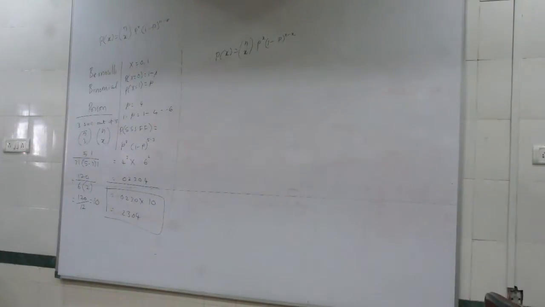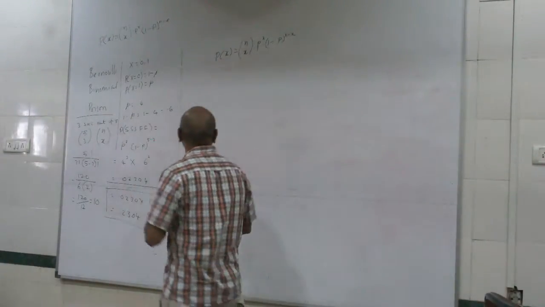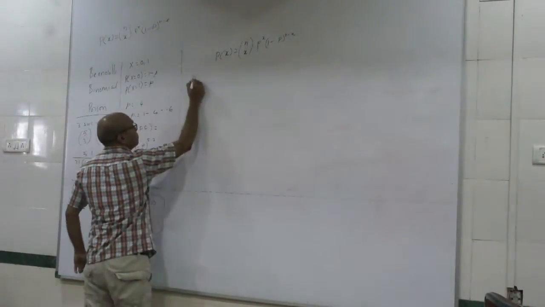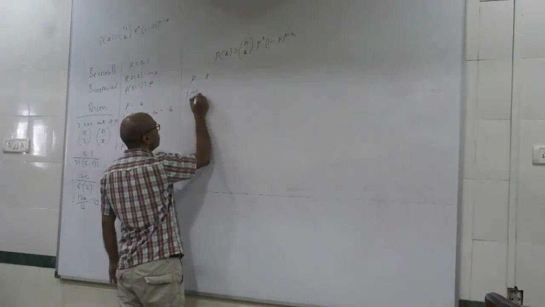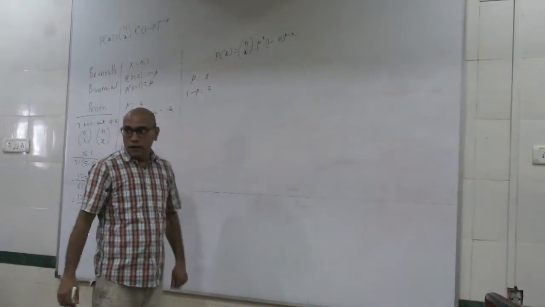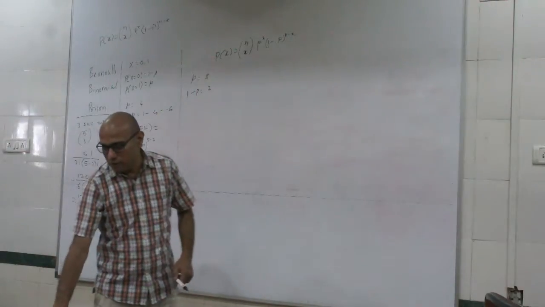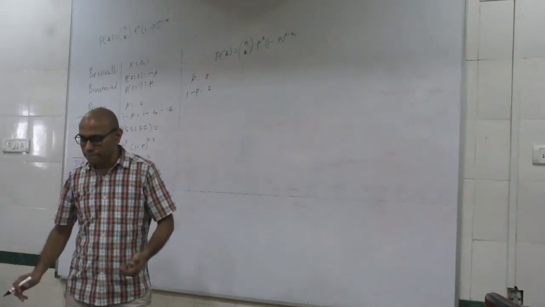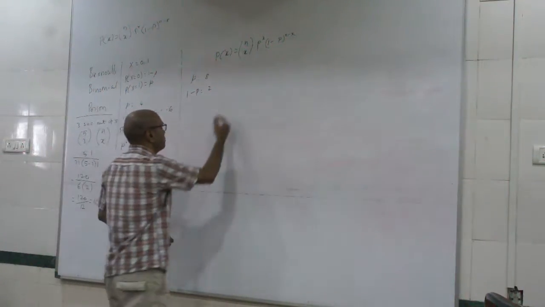Now, what I will do is, the probability of success is 0.8, which means 1 minus p is 0.2, right? Say I got, let's take a small number, 6 patients.